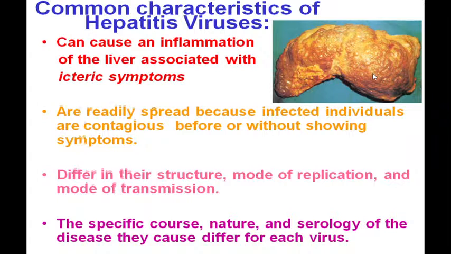Before, it means in the last portion of the incubation period, the individuals infected with hepatitis viruses start to be contagious. Can you imagine? They don't even know that they are infected, but they can infect the others already.